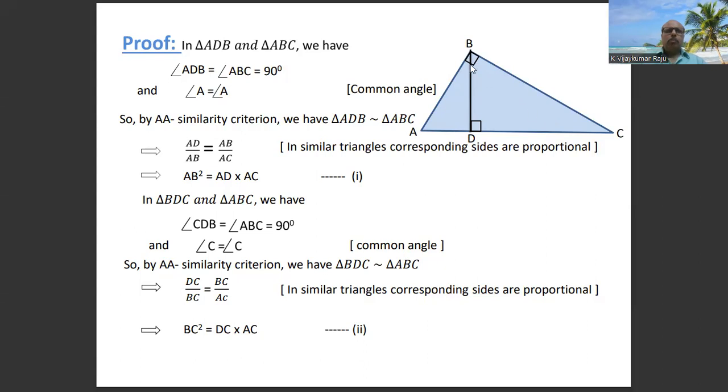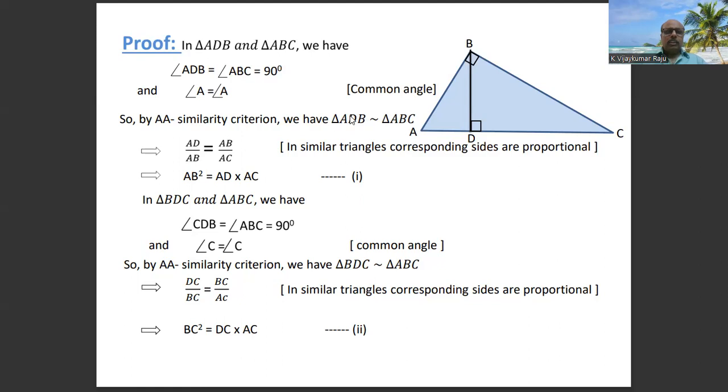Now see this angle. Angle A is a part of this side triangle and also a part of the full triangle. So angle A is equal to angle A. It's a common angle. So by AA similarity criteria, triangle ADB is similar to triangle ABC.